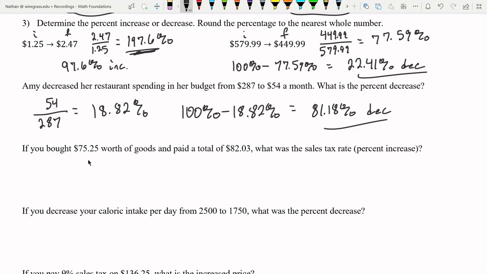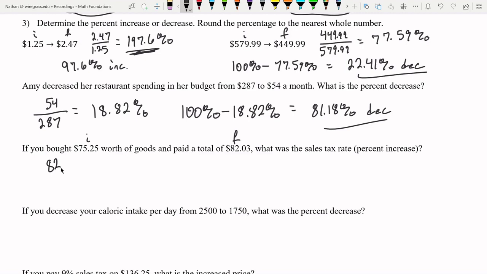Okay, this one we have $75.25 worth of goods, pay a total of $82.03. What is the sales tax? Now, sales tax is really a percentage increase of price. So this is our initial, this is our final due to sales tax.